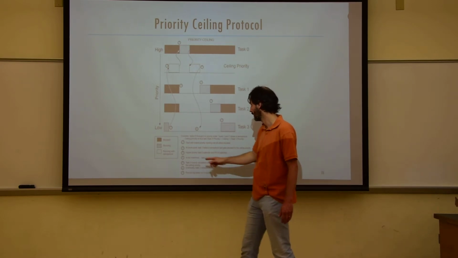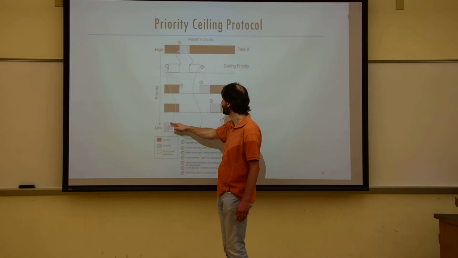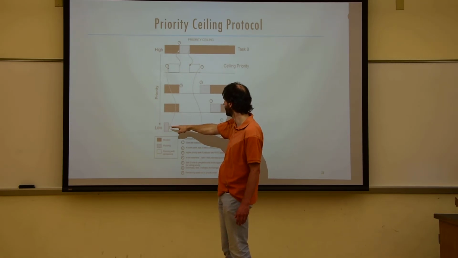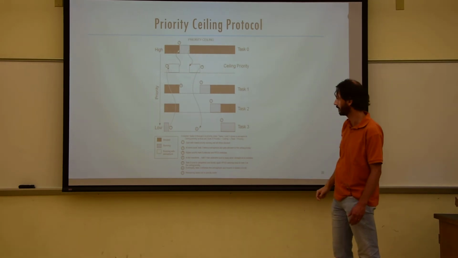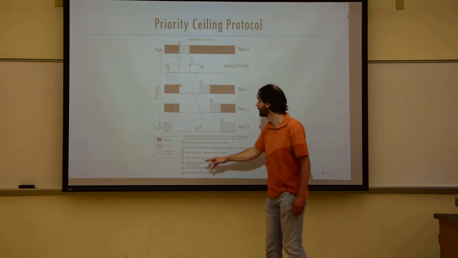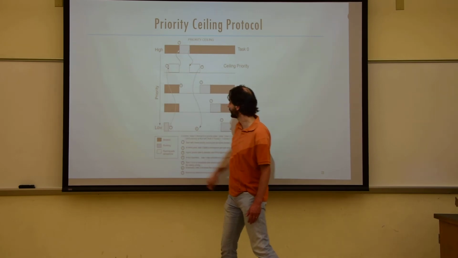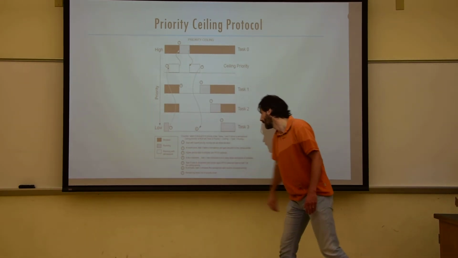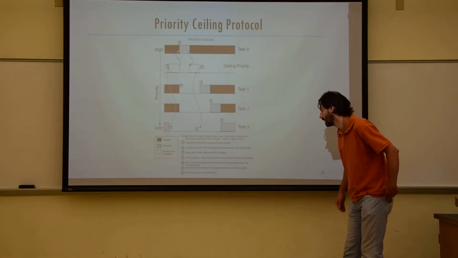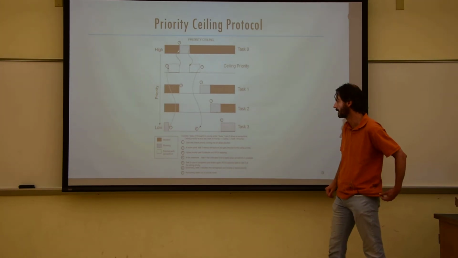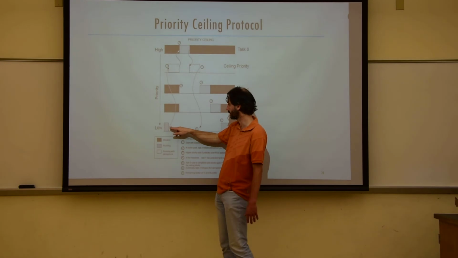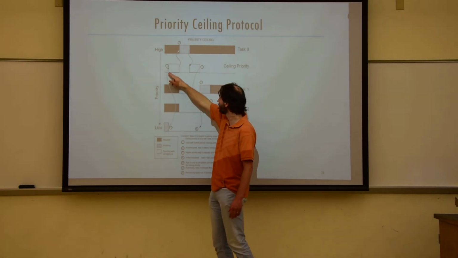So what does that mean? It effectively means that we have inherited that ceiling priority because all the others are blocked. So at some point, number 2 over here, task 3 takes a semaphore and gets elevated to the ceiling priority.